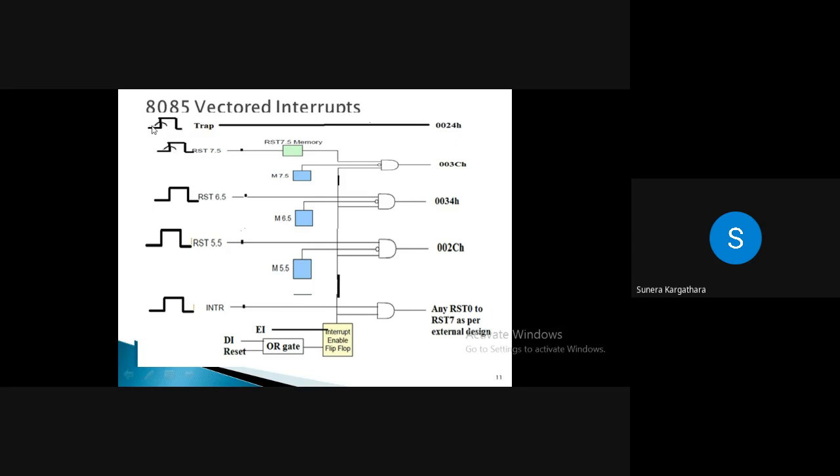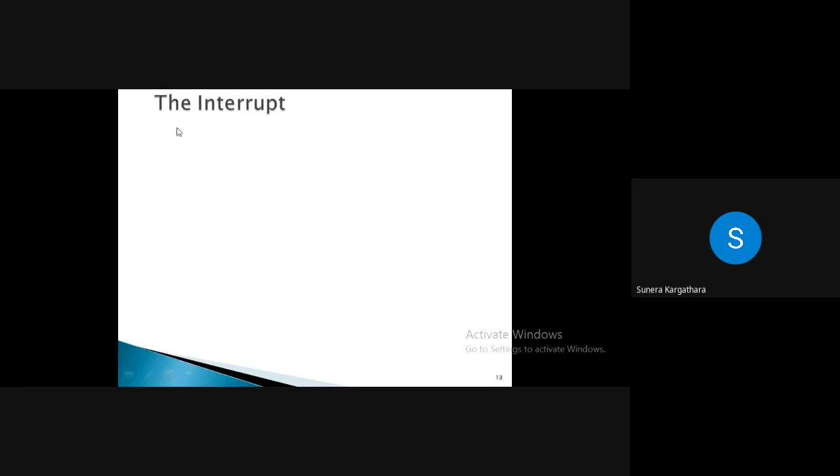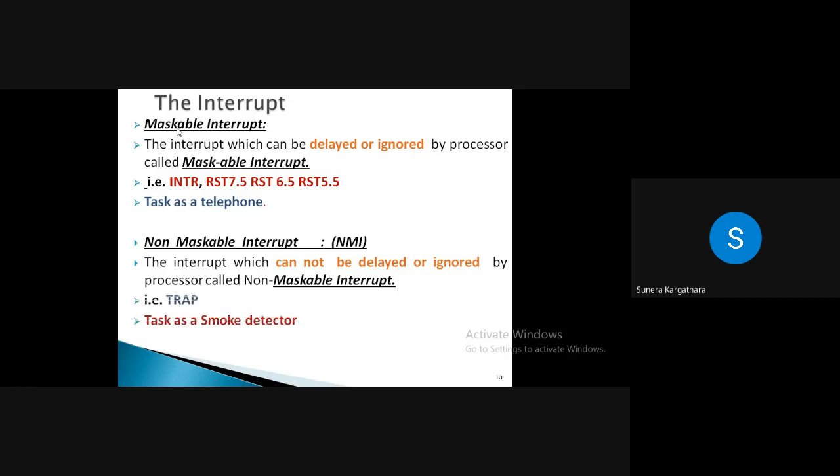For levels, we have two possibilities, negative level and positive level, as well as positive-going pulse and negative, so positive edge and negative edge. Depending on the instant at which you trigger your flip-flop, whether on an edge or on a level, you may have an edge-triggered or level-triggered flip-flop.